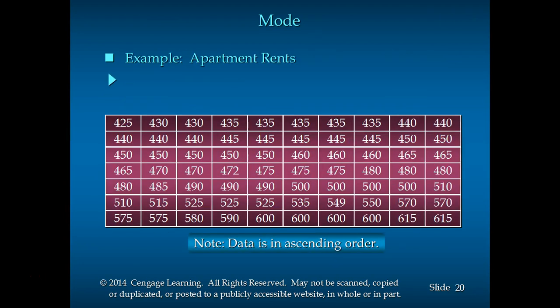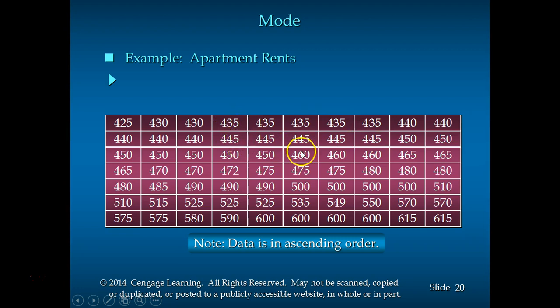So for apartment rents, which one is the most common one? First, you need to line up again from the least to the greatest in ascending order, and you look for them. Maybe 600 is very common here, right? 500 is also pretty common. 445 has 5 of them here, okay?